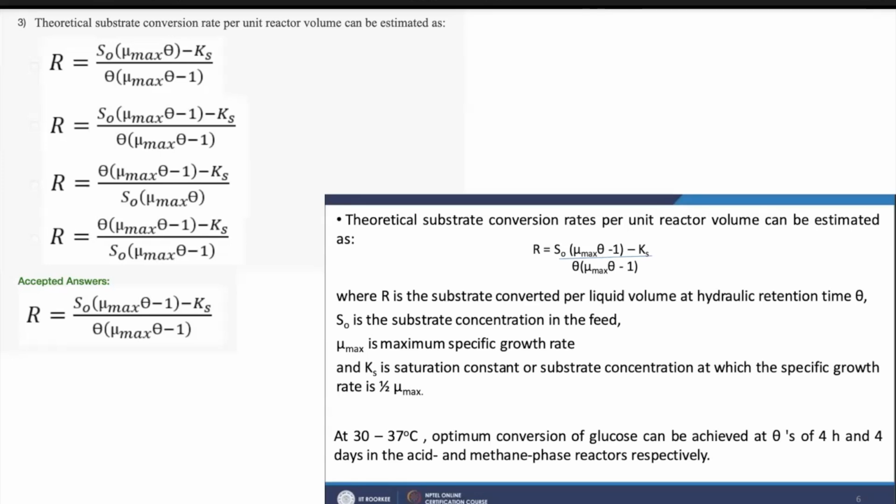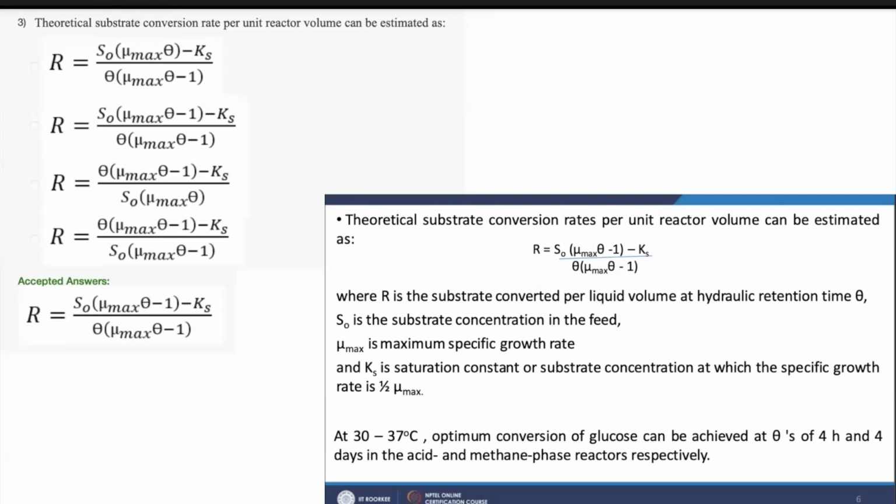growth rate, right? So, in general, as I mentioned, microbes require particular conditions for their growth. So, with this particular formula at 30 to 37 degrees Celsius, we have observed that with the help of this operation, there is optimum conversion of glucose, and theta can be achieved for 4 hours and 4 days in the acid and methane phase reactors respectively, right?